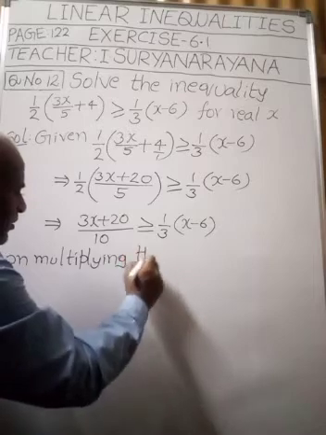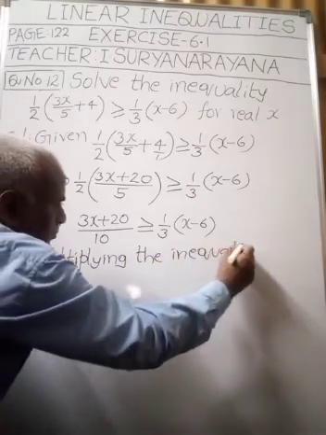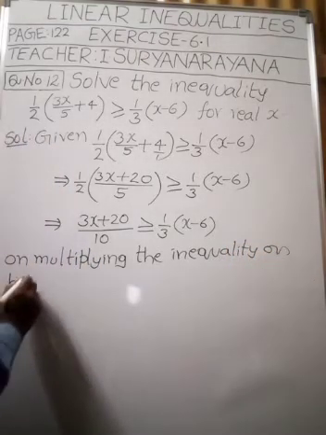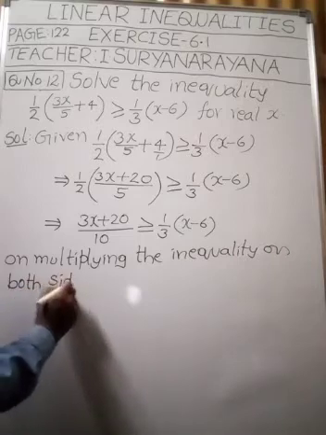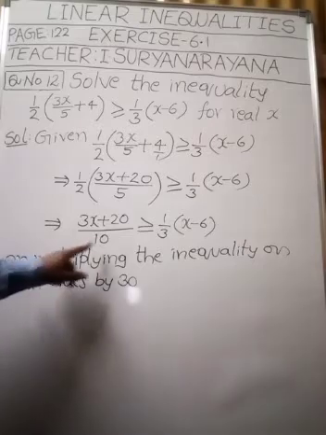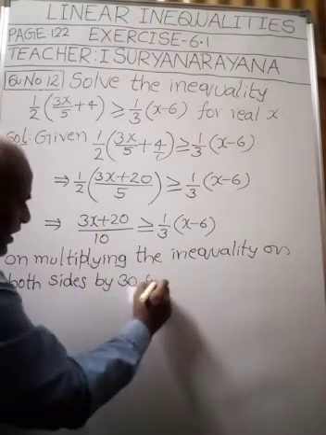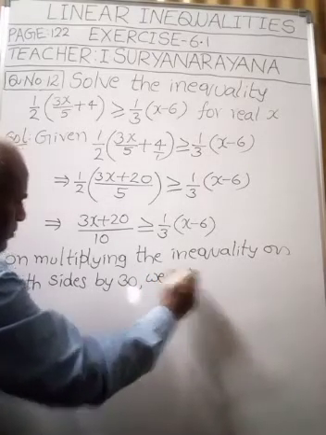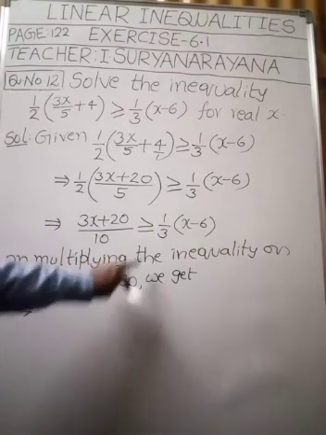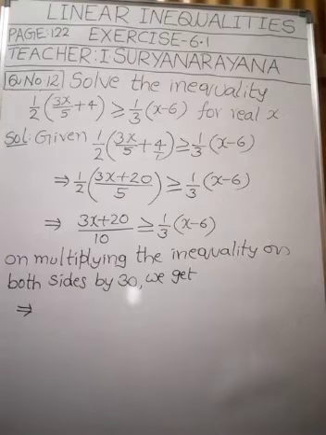What is the LCM of these two numbers? 30. On both sides by 30, we get, here multiplying by a positive number, so the greater than sign does not change. We write that inequality sign as it is.